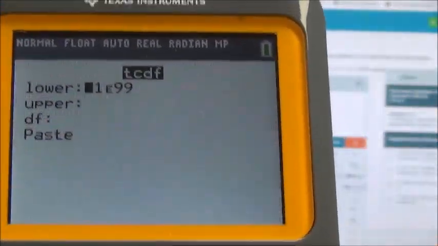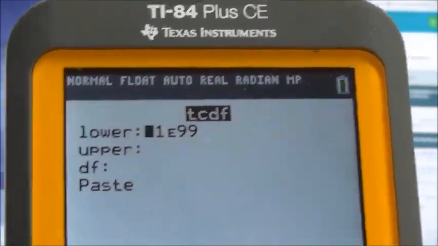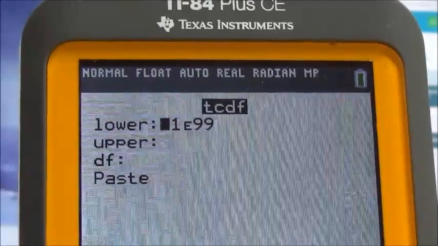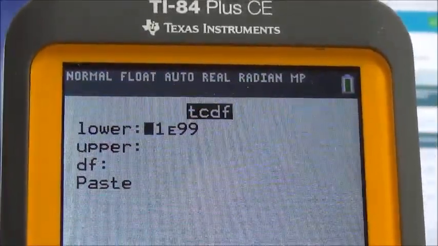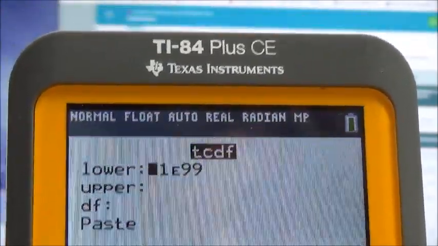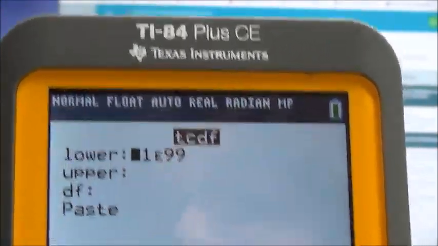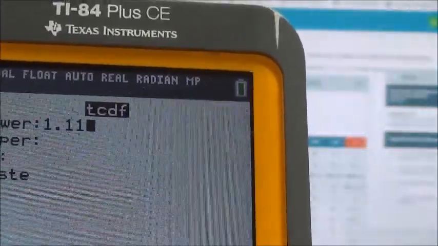It's going to look sort of like we did when we did our Z table, our normal table. We want the lower limit, the upper limit, but we also have the degrees of freedom when we do the t distribution. So if I am finding the area to the right of 1.11, the 1.11 is going to be my lower, 1.11.